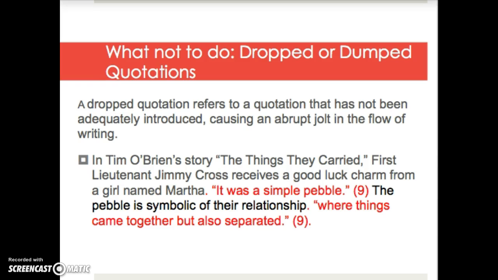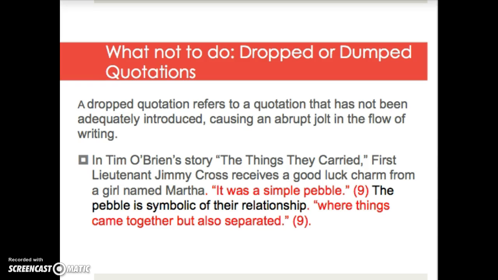So it becomes almost like a sentence fragment or incomplete sentence that often disrupts the flow of your writing. In this example, the quotations are added in red, but they're just standing on their own as sentences, and they don't quite fit in. They're just dumped or dropped in the middle of your writing, and this is not an effective way to integrate a quotation.